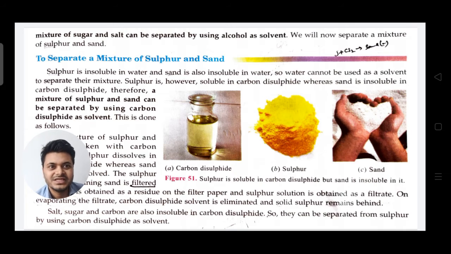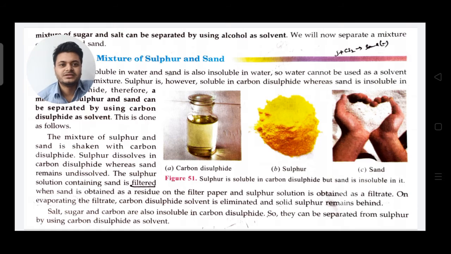Sulfur is however soluble in carbon disulfide, whereas sand is insoluble in carbon disulfide. Therefore a mixture of sulfur and sand can be separated by using carbon disulfide as solvent. This can be done as follows. Let's see.